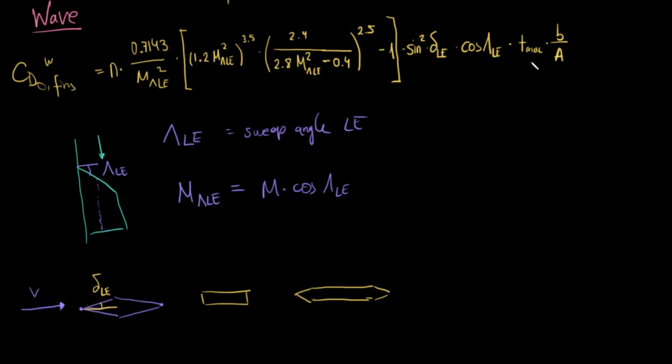Oh yeah, and this is the thickness of the mean aerodynamic chord. I think it's self-explanatory, just the thickness at the mean aerodynamic chord. And yeah, this is the span and the reference area, and that's all there is to say.